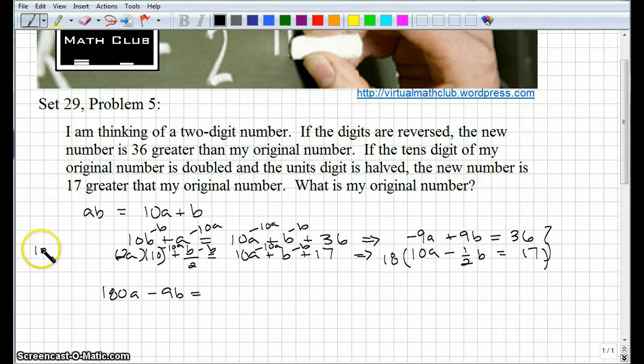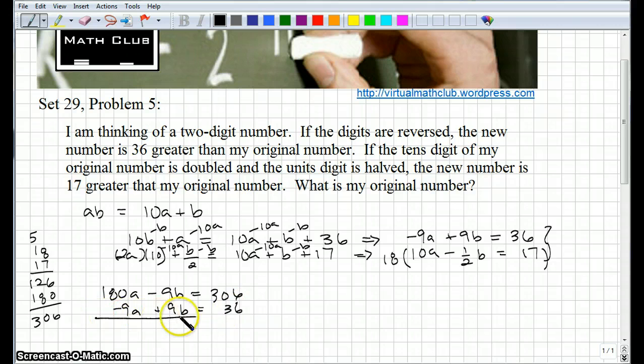Let's see, 17 times 18, that's 306. So that's equal to 306. Now I'm going to rewrite the top equation underneath it: negative 9A plus 9B is equal to 36.